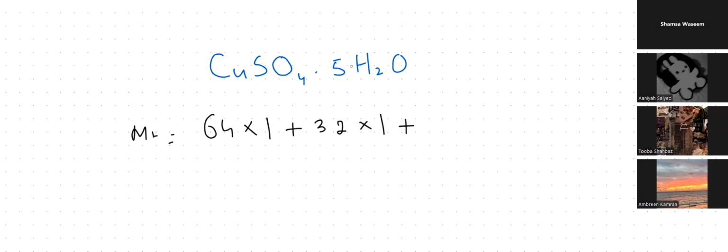Now here comes the problem. Students get confused about what this dot shows. You are just going to do an addition sign with it. You do not have to do multiplication. So dot means add. Plus, there are going to be 5 water molecules. After the 5, you write the water in a bracket, because that's going to be multiplied.